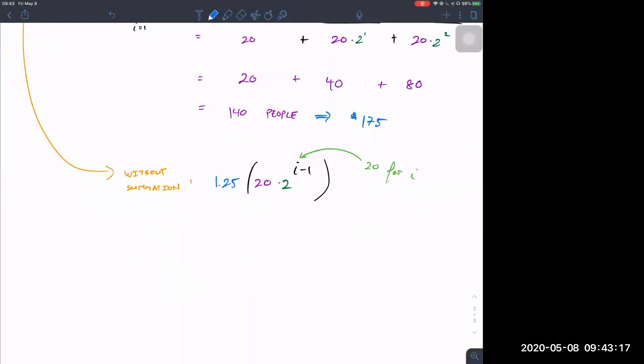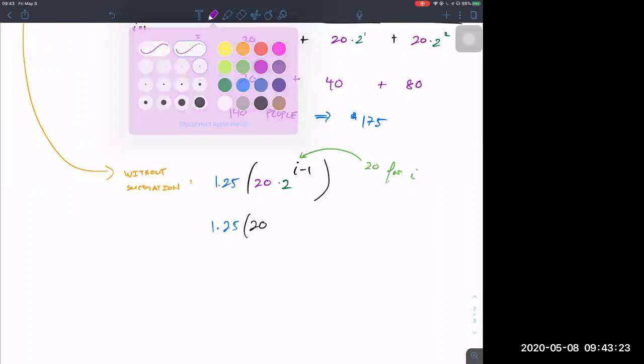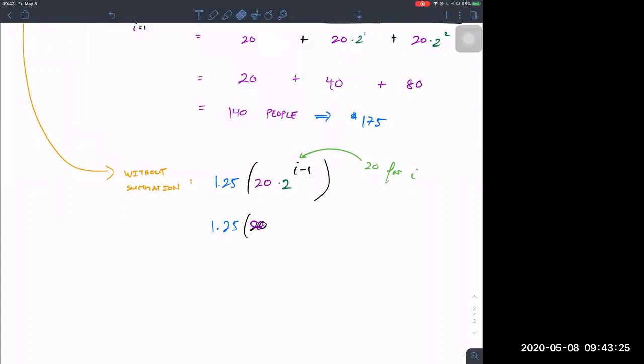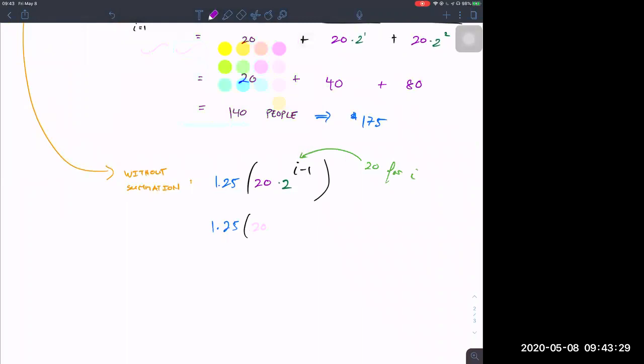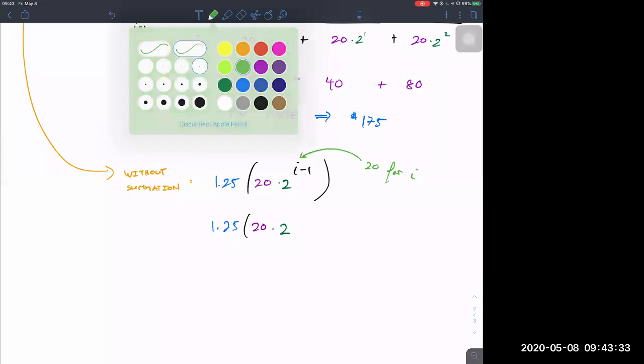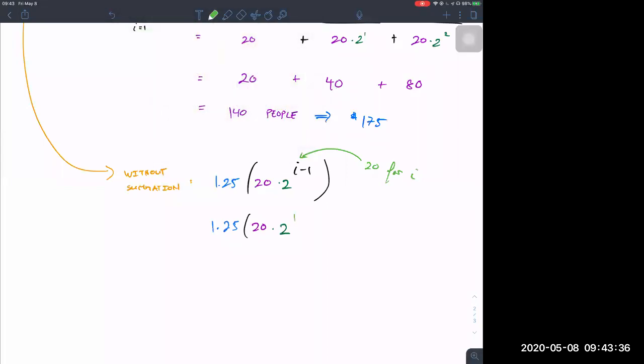And then this implies that you'll have $1.25 times 20 times 2 to the 20 minus 1, which is 19. And then you do this number.